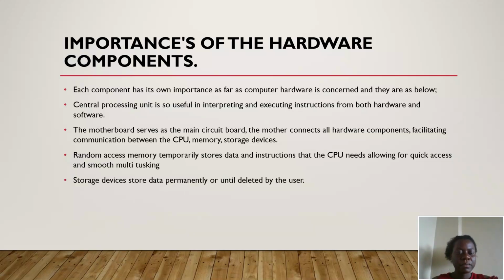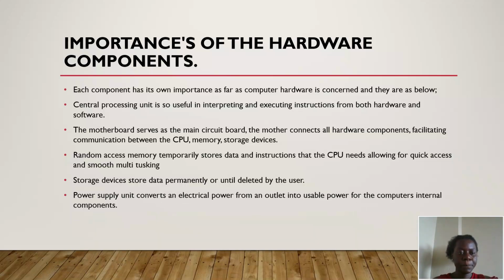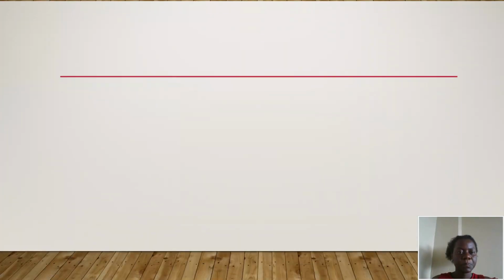Then the storage devices, these store data permanently or until deleted by the user. We have the power supply unit. This converts electrical power from an outlet into usable power for the computer's internal components.